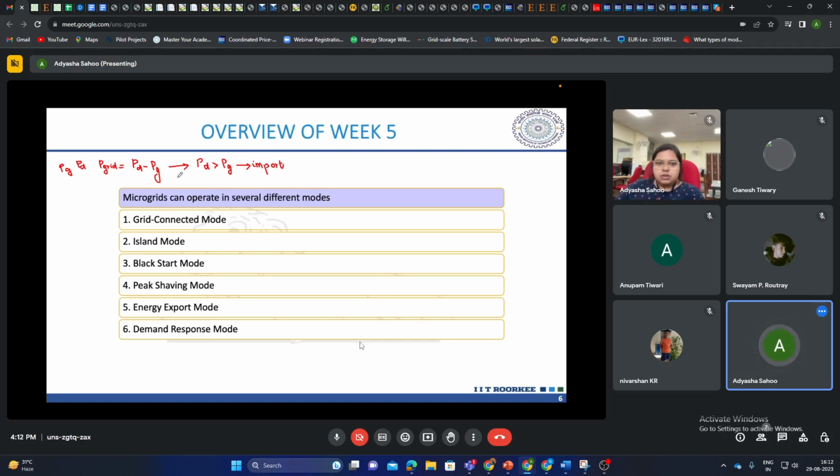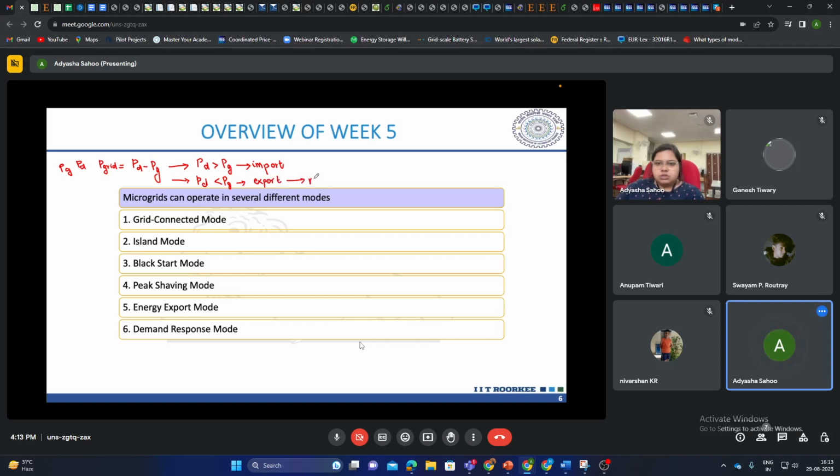And whenever there is excess generation, we can re-inject back to the grid, or export. So from this we can also earn additional revenue.